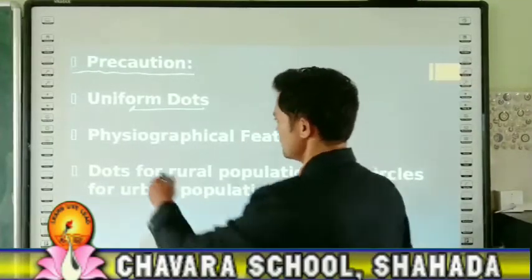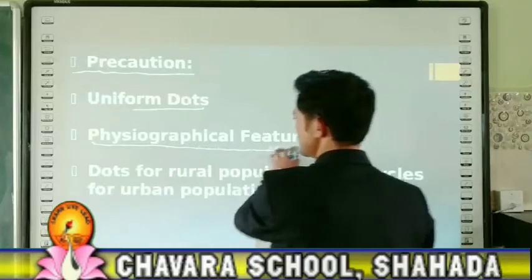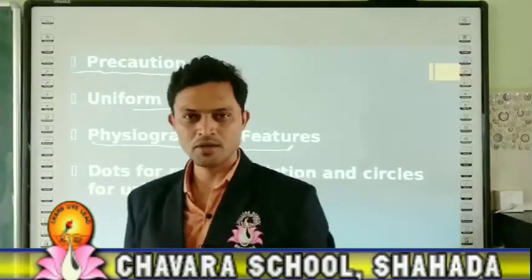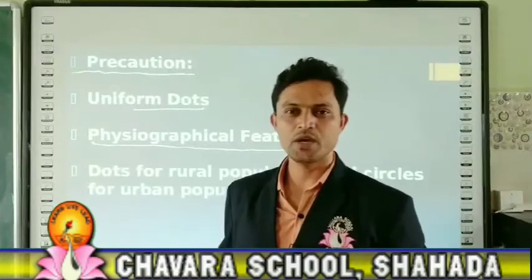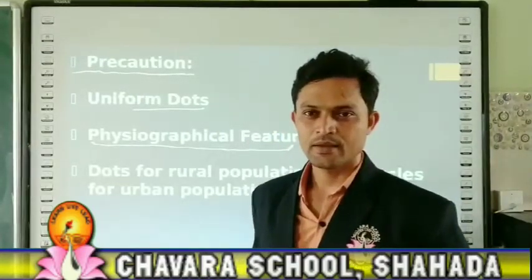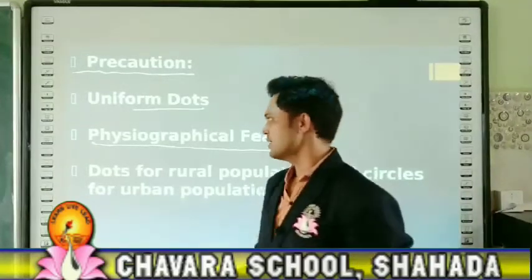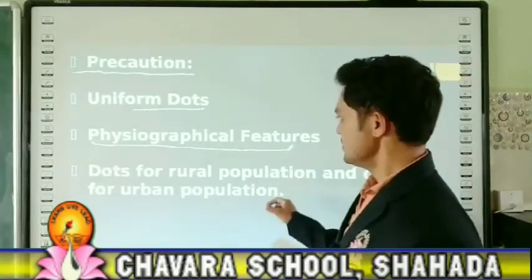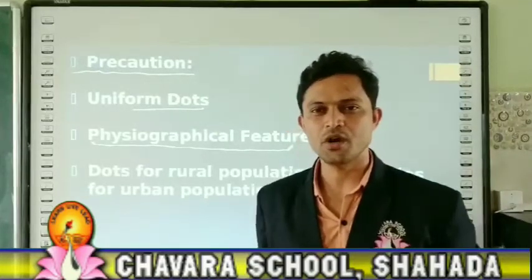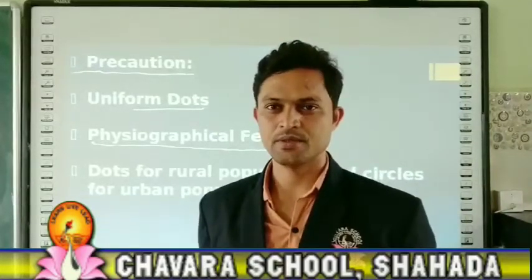And another important thing, we should definitely take into consideration the physiographical features of that particular region in which we are going to show the distribution of the variables. Because I already told you that physiographical features of that region affect the distribution of the variables.